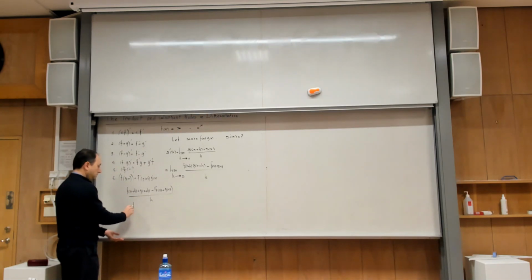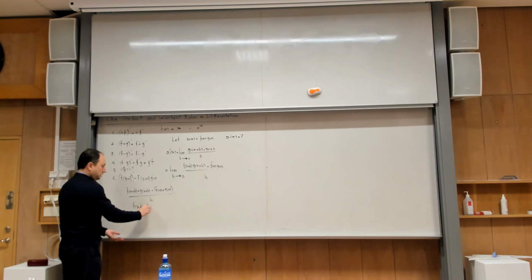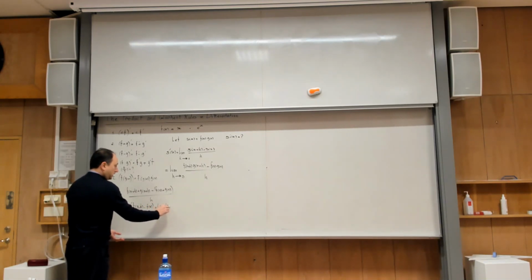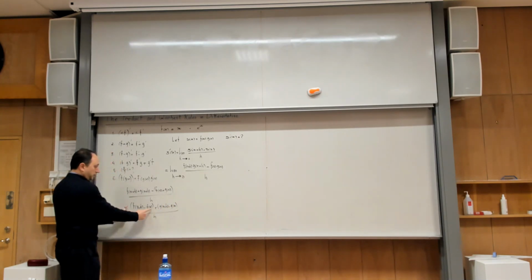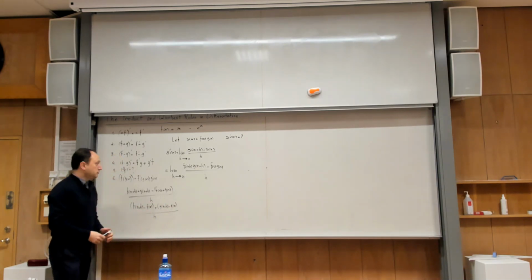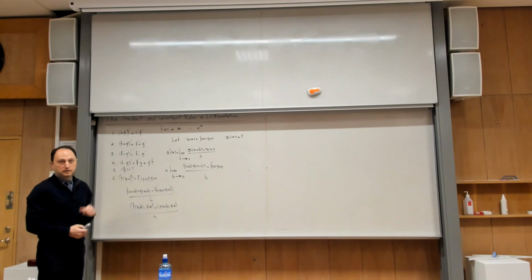I can immediately write it as f of x plus h minus f of x plus g of x plus h minus g of x, and then divided by h. When I divide this part by h, it gives me the derivative of f. When I divide this part by h, it gives me the derivative of g, so I get this formula immediately.